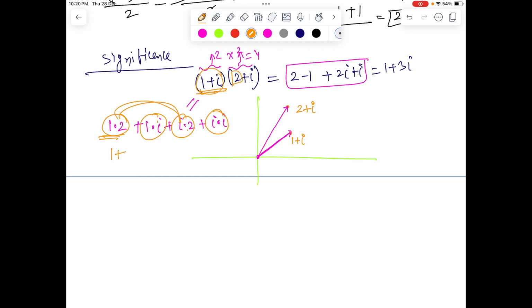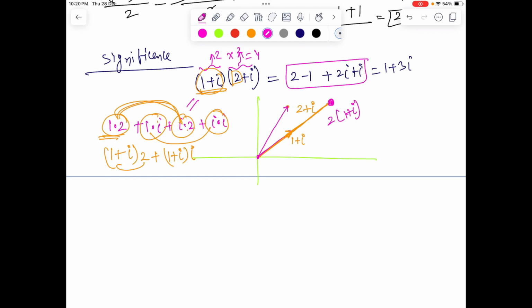So if I take this term 1 into 2 with i into 2, and 1 into i with i into i, it's (1 plus i) multiplied twice plus (1 plus i) multiplied by i. Now what is (1 plus i) times 2? 1 plus i you can think of as a vector, and when you multiply by 2 it just gets scaled up by a factor of two. Okay, so finally we are here somewhere.